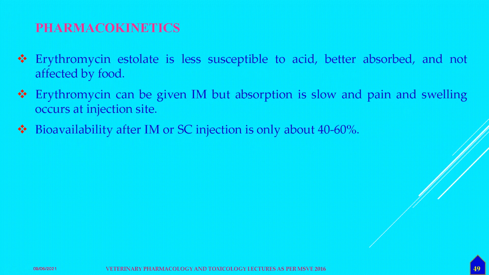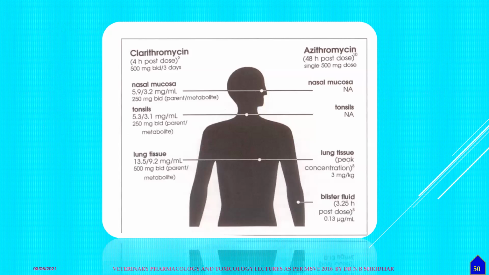And the bioavailability after IM or subcutaneous injection is only about 40 to 60%. So even after an injection, there should be at least 95% and above bioavailability. But in this case, it is 40 to 60% only.